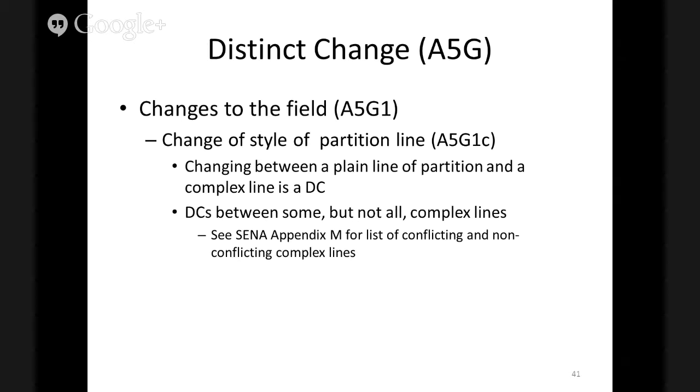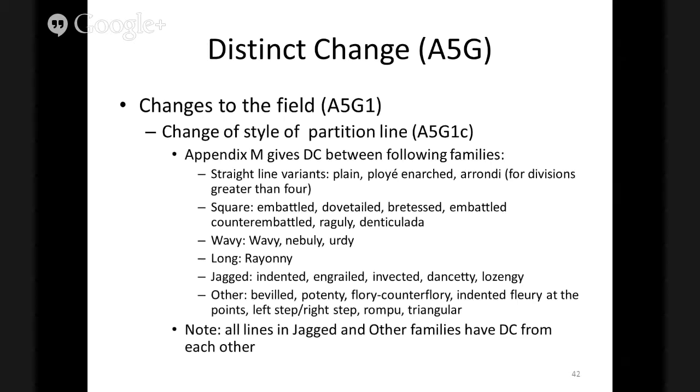Appendix M of SENA spells out which conflict and which don't. And then Appendix M talks about several families. There's the straight line variants: plain, ployé, enarched, kind of a curved, arrondi for certain ones, again curved. Those are all the same family. There's no DC between them.